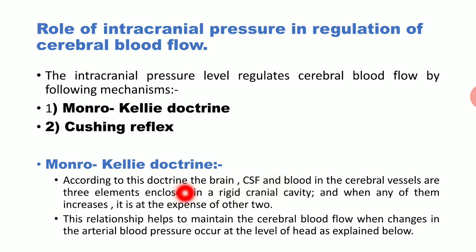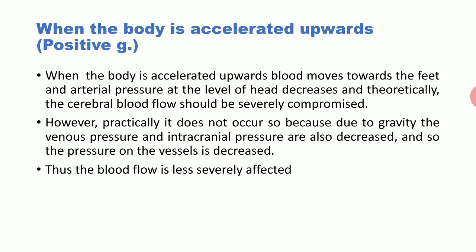This relationship helps to maintain cerebral blood flow when changes in arterial blood pressure occur at the level of the head, as explained below. When the body is accelerated upwards, it is known as positive G. When the body is accelerated upwards, blood moves towards the feet and arterial pressure at the level of the head decreases, and theoretically the cerebral blood flow should be severely compromised.